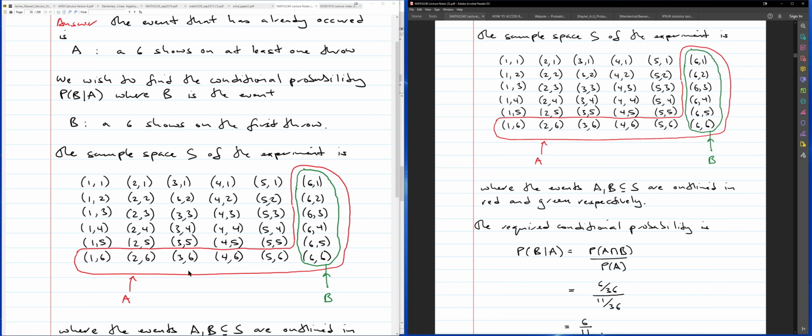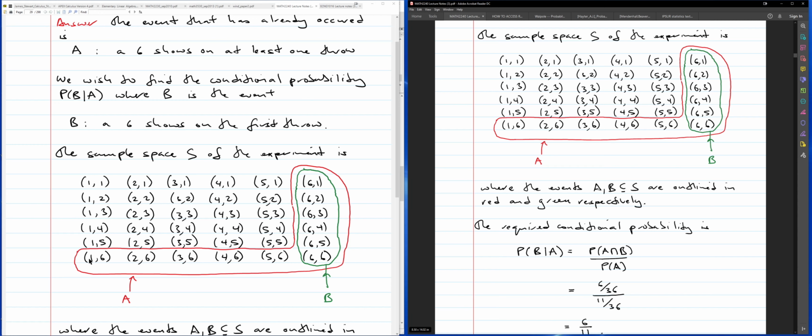This is B over here and this is A over here. Notice B is contained inside A, so A intersect B is really just B. The probability of A intersect B is the number of outcomes in this intersection, which is 6, over the number of outcomes in the sample space, which is 36. Remember, we're assuming the outcomes are equally likely. So the probability of A intersect B is 6 on 36.